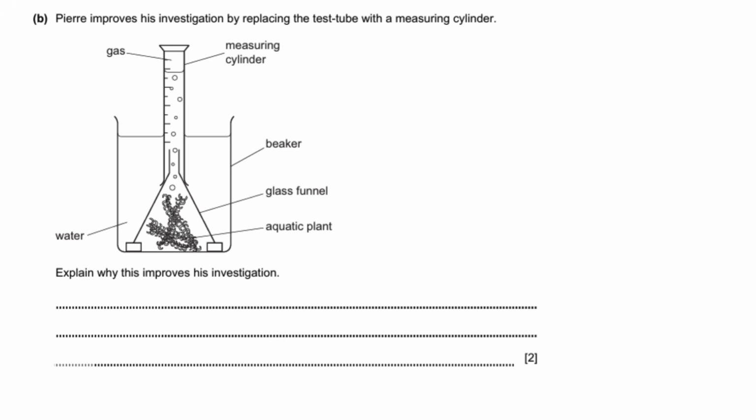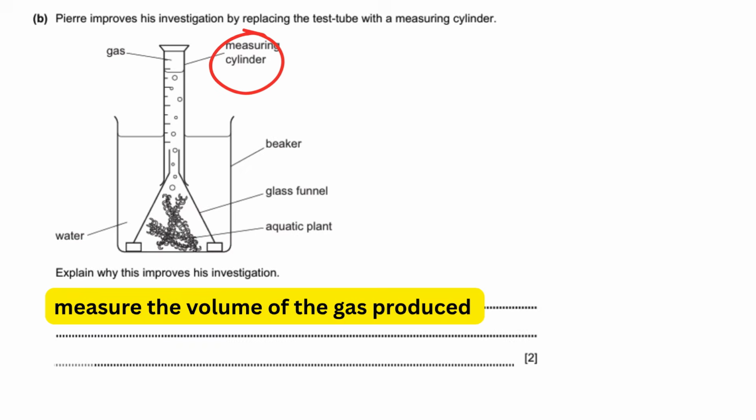Okay. Then he says Pierre improves his investigation by replacing the test tube with a measuring cylinder. For sure, the measuring cylinder is better as we will measure the volume of gas or the volume of oxygen that will evolve using the cylinder.